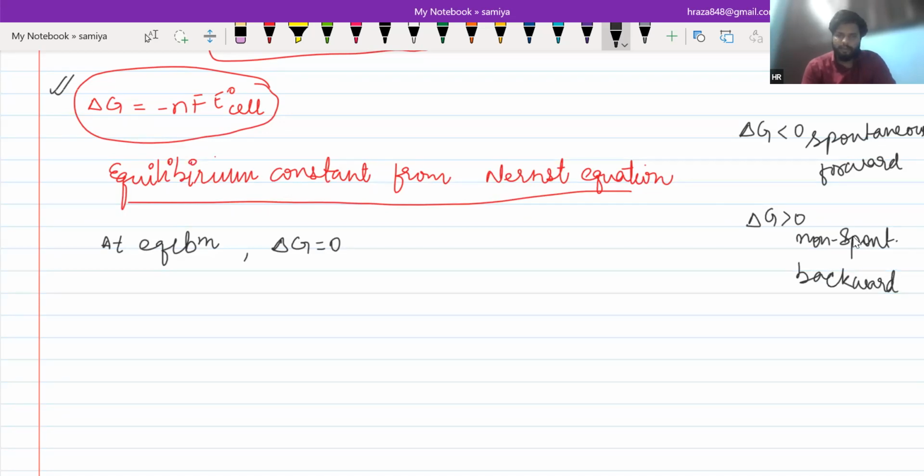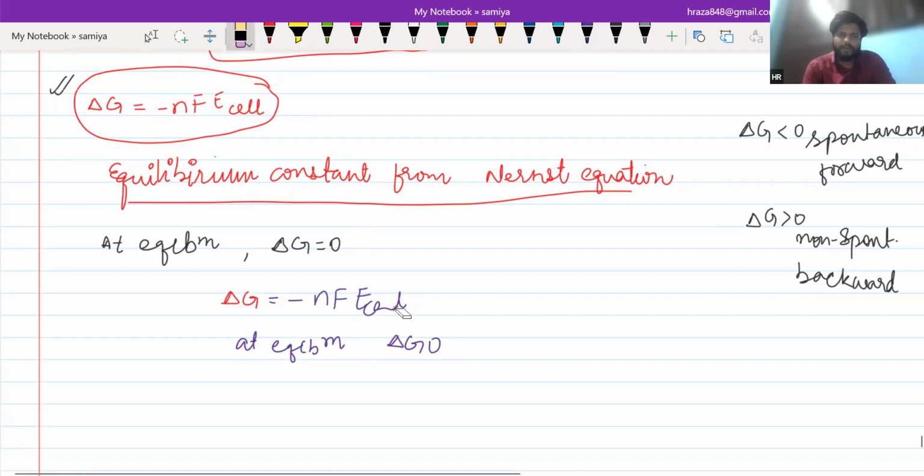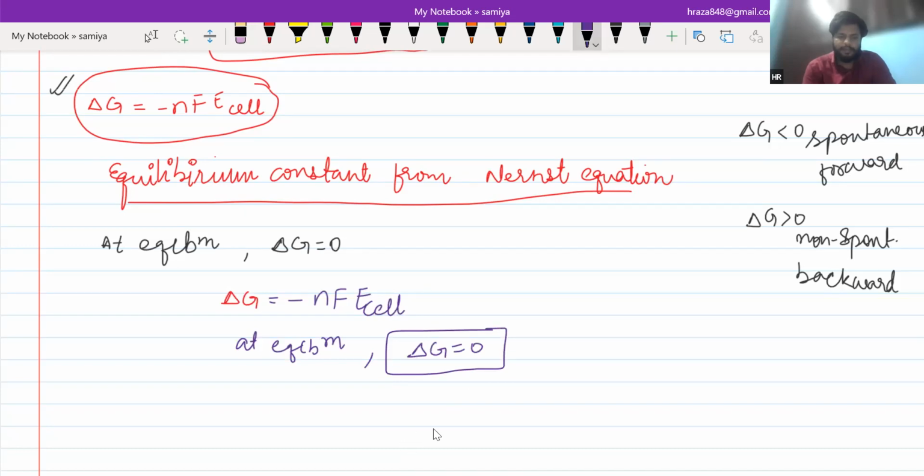Okay. Now delta G equals zero. And you know that delta G equals minus nFE cell. At equilibrium, if delta G is zero, that means E cell will also be equal to zero.